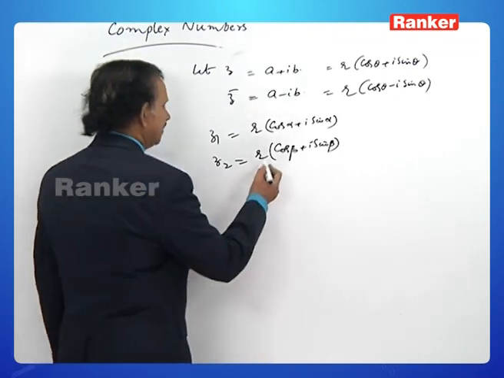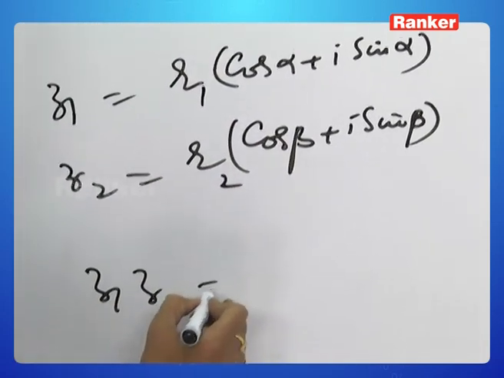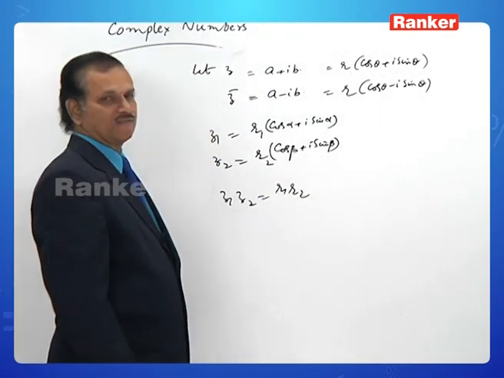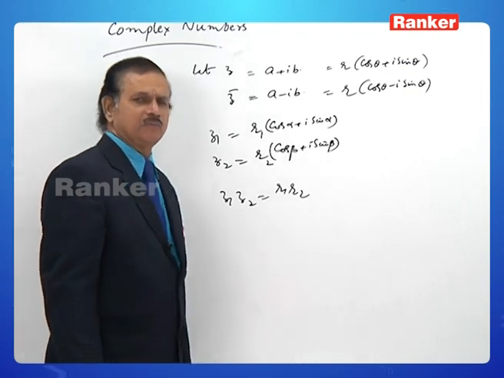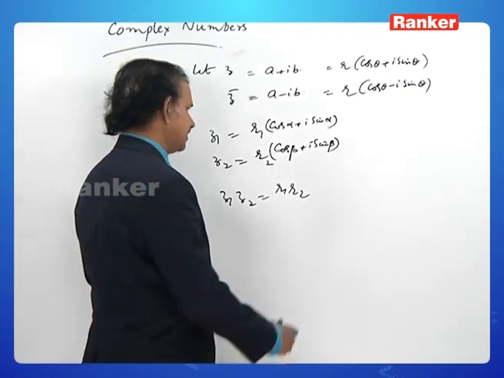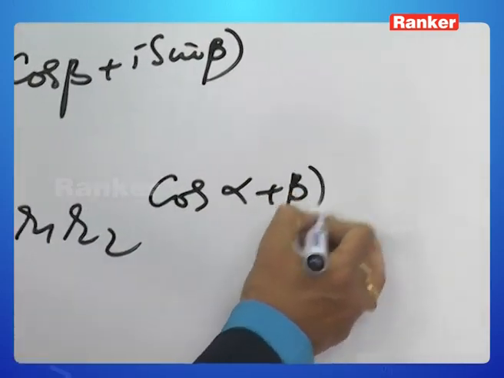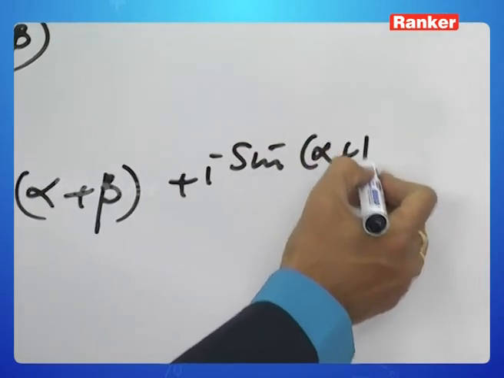Now, if you multiply this Z1 and Z2, what is going to happen? R1 R2 into cos alpha plus I sin alpha into cos beta plus I sin beta. Usual trigonometric multiplication and transformations, you can see that it is nothing but cos of alpha plus beta plus I into sin of alpha plus beta.